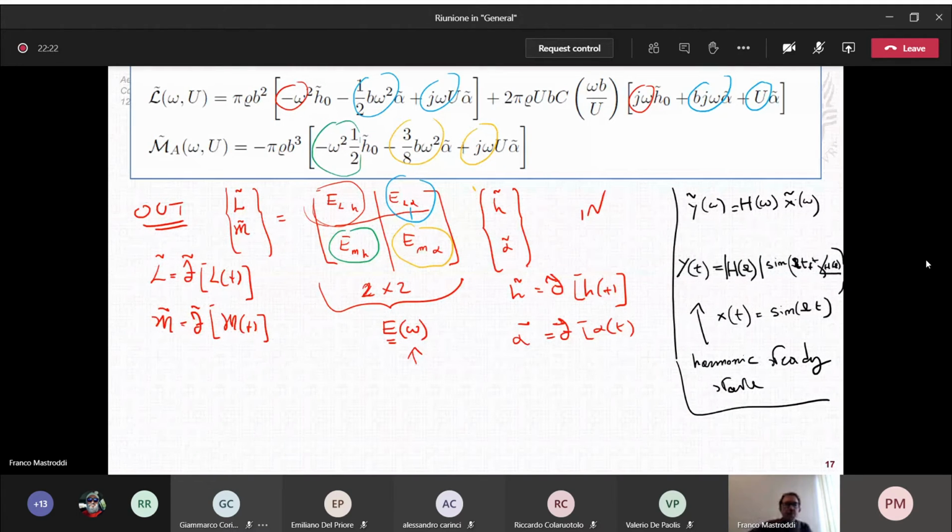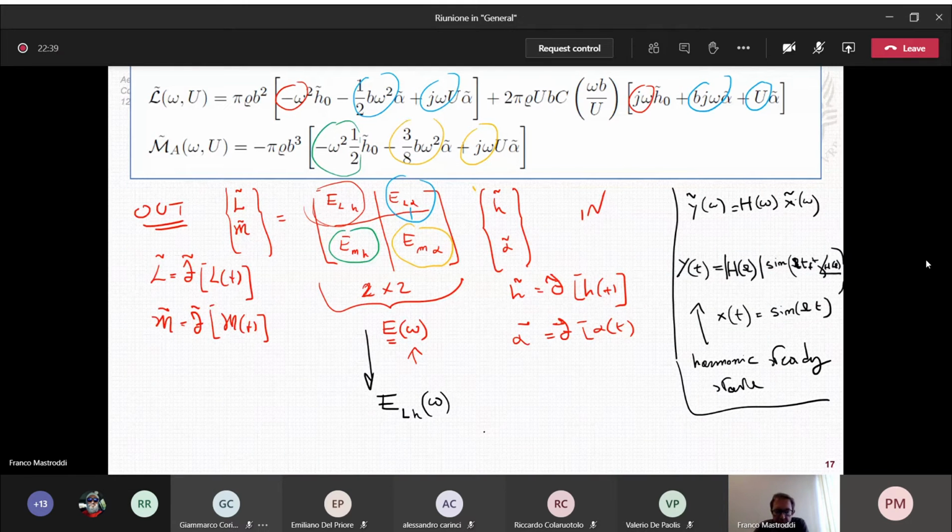Now you have, for example, a term of this matrix like E_Lh as a function of omega. What does it represent? The same.